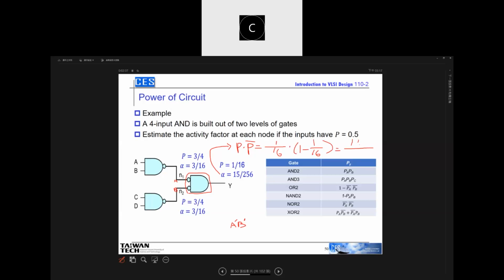It is 15, and then 16 times 16 is 256. So that's how you get this alpha here. Okay, so that's the approach we use to calculate the activity factor for a circuit.